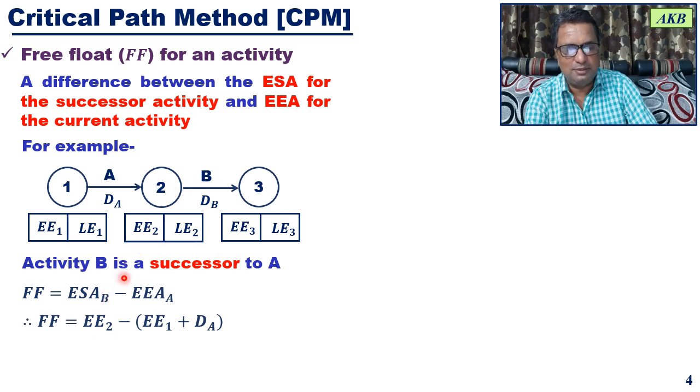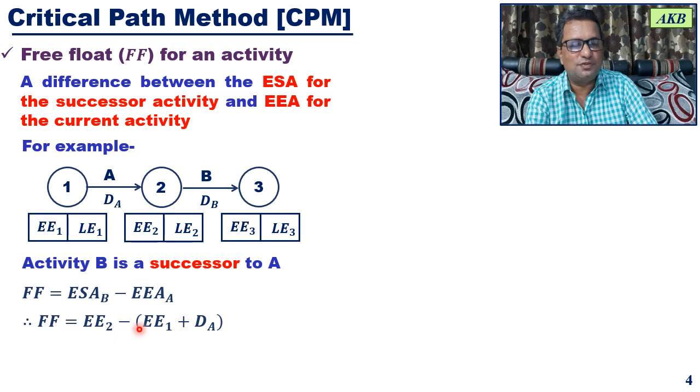For activity B, the tail event is 2, and the earliest event time for the tail event is nothing but the earliest start time for that activity. So the earliest start time for activity B is nothing but the earliest event time for event 2.